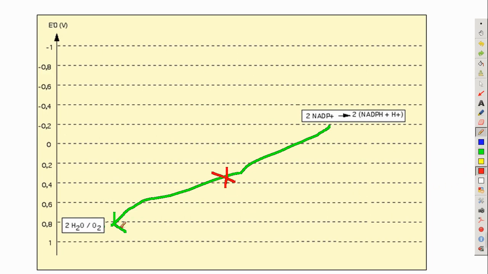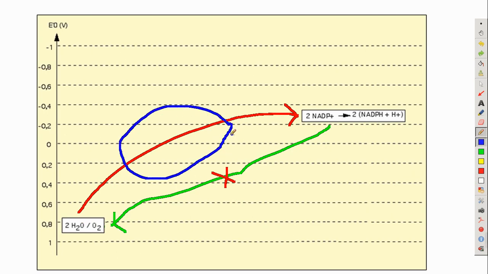In plants we have the opposite reaction, which normally shouldn't occur, but thanks to the Z scheme which will be placed here, this transfer of electrons from water to NADP will become possible. The Z scheme will make it possible. Okay.